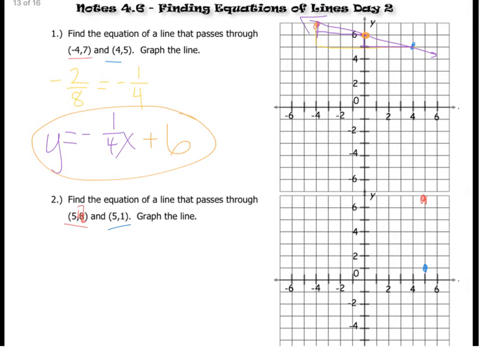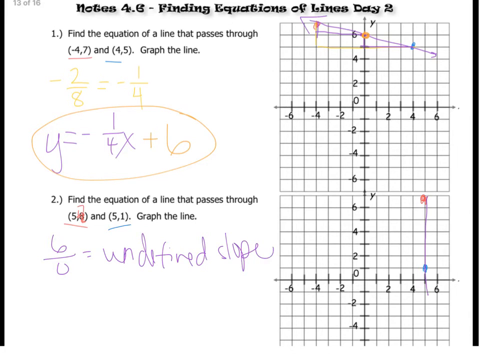You will notice that I don't go left or right on this. This is a vertical line between the 2 points. So it goes up 1, 2, 3, 4, 5, 6 over 0, which is an undefined slope.